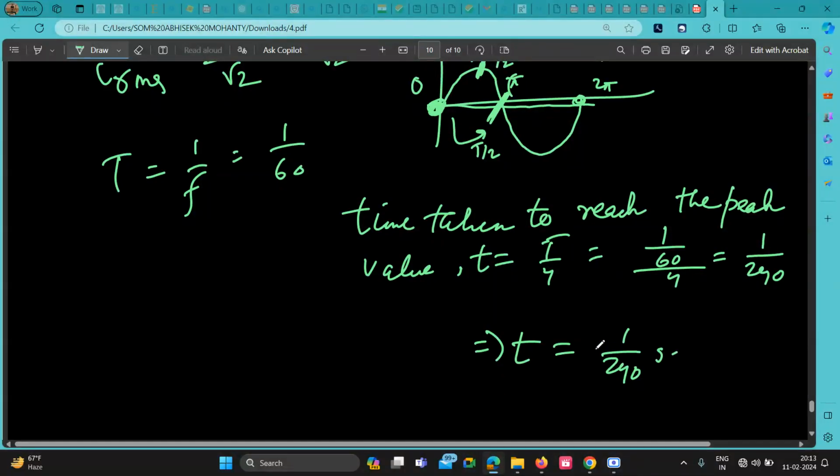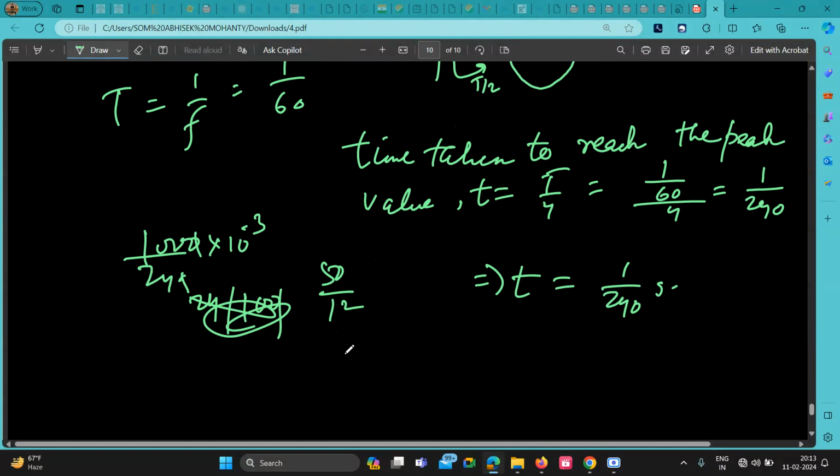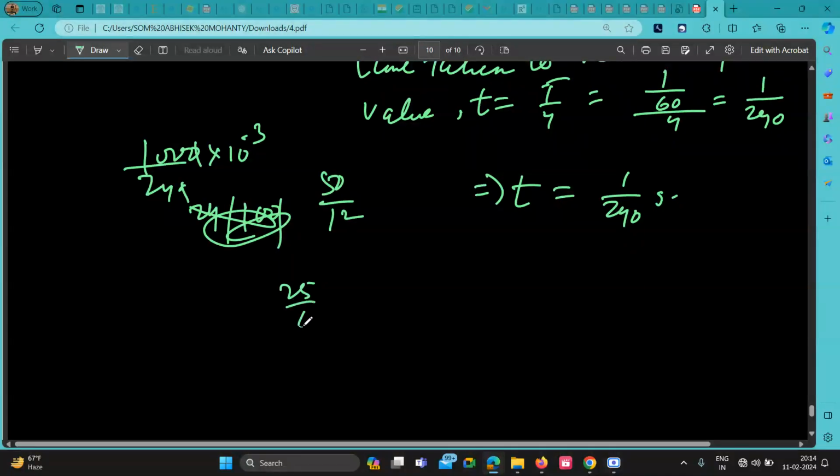If we calculate it, 1000 into 10 to the minus 3 divided by 240. So 100 by 24, that is 25 by 6. 6 fours are 24, so 4.16.